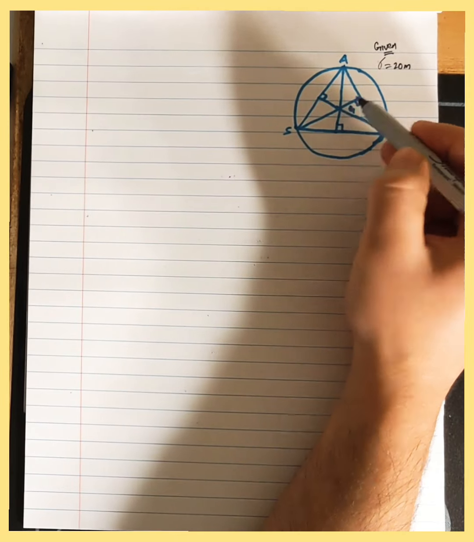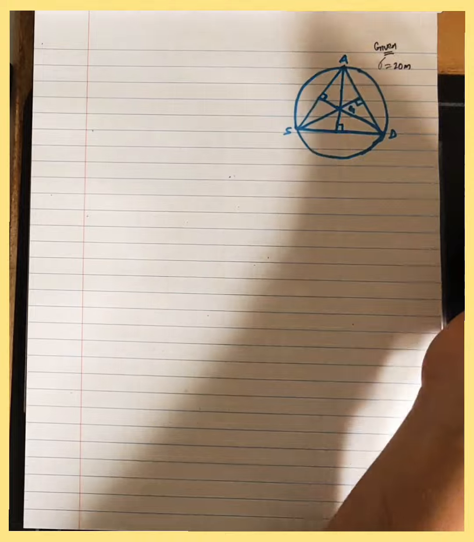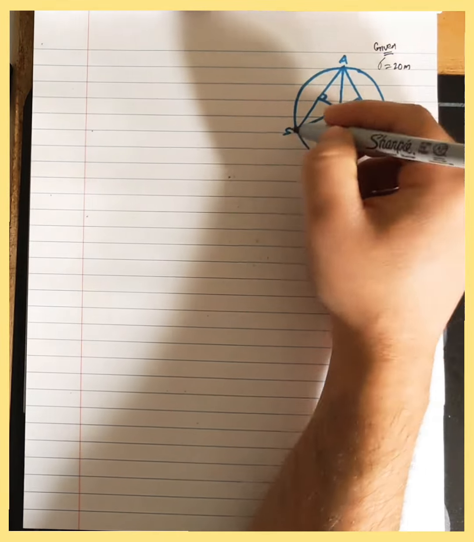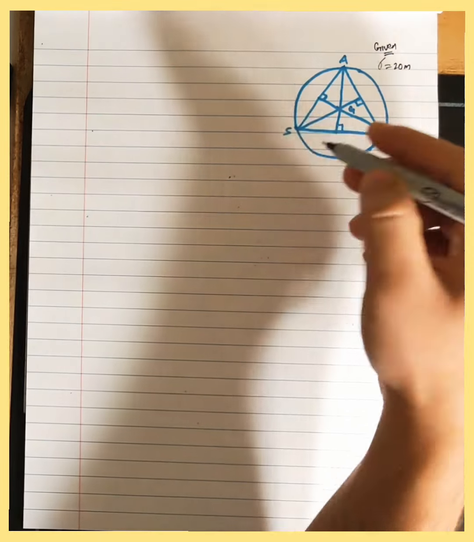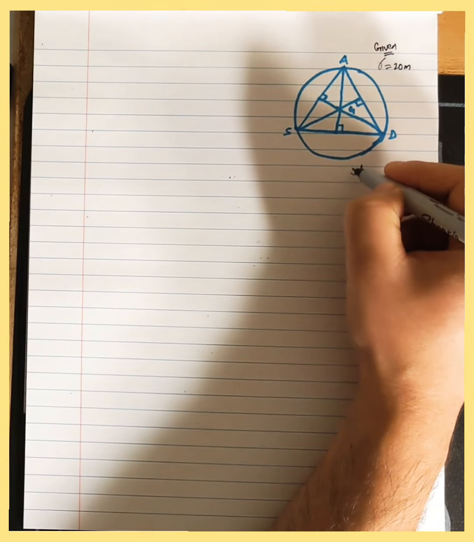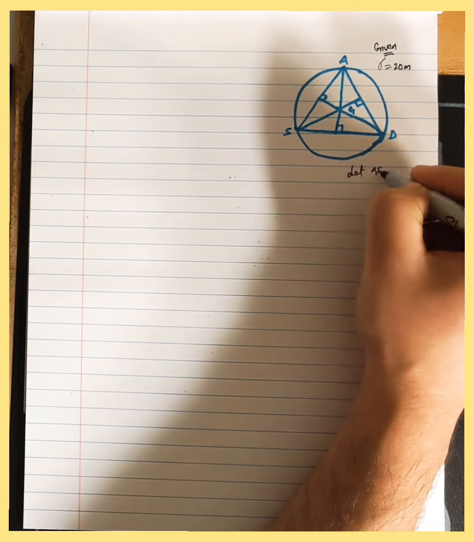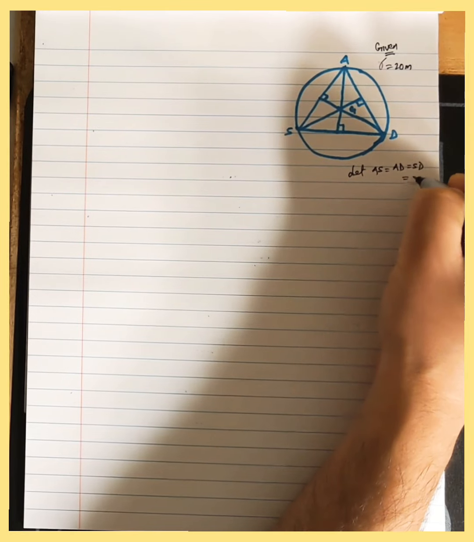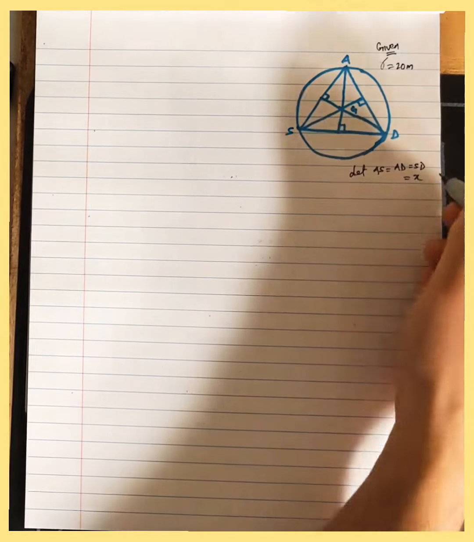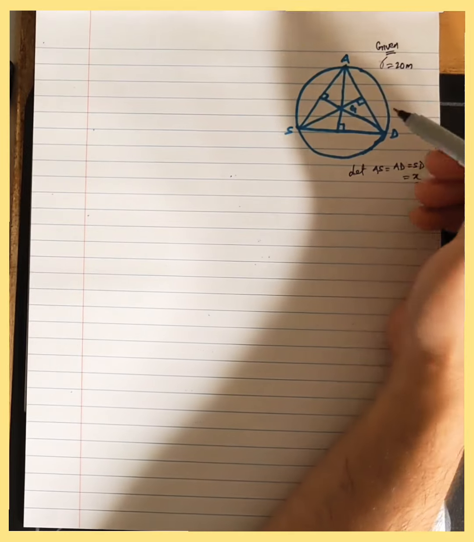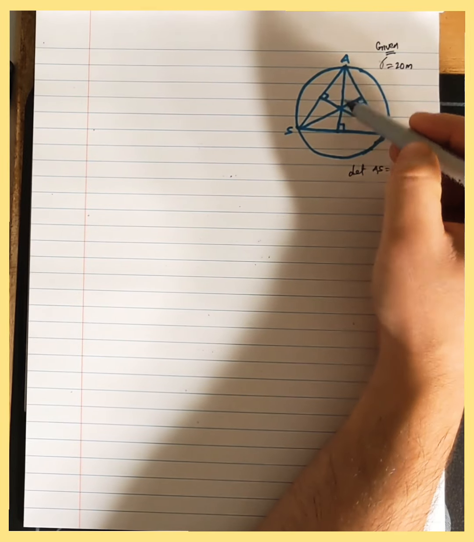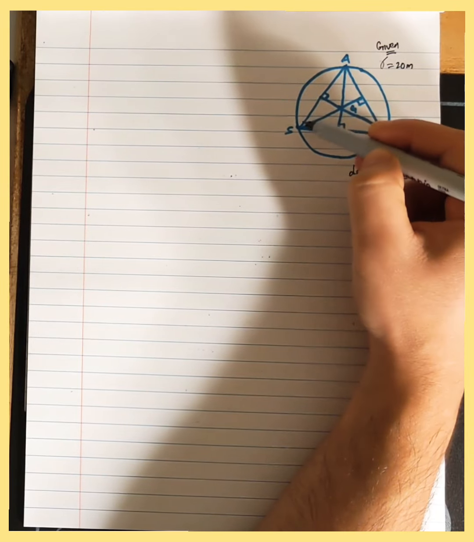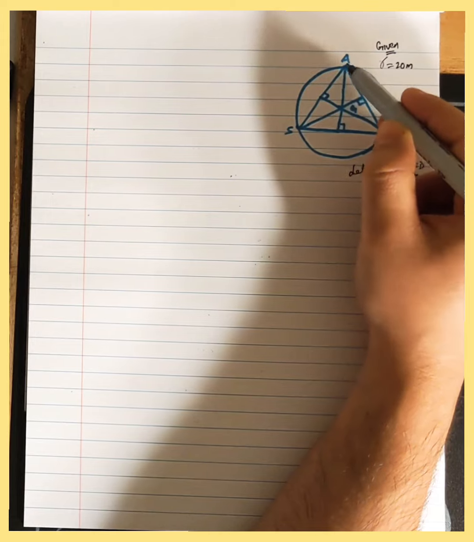For this question, what we need to find out is the distance AS or SD or AD, because all three are equal. So let AS equal to AD equal to SD equal to X. We don't know it, so we just put it as X. Now I have drawn perpendiculars from these 3 points on the chords that are formed here.